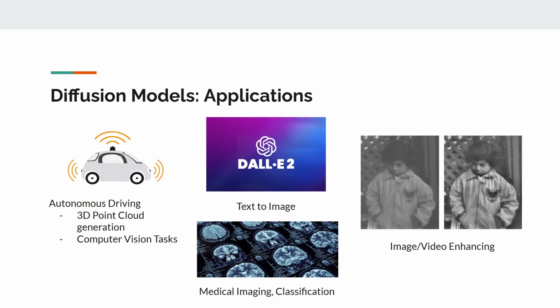Diffusion models are also really good at enhancing an existing image or video, which is shown on the right, where you have a low resolution picture of a kid, and then it becomes higher resolution, or the features become more prominent. Those are some things diffusion models are good for.